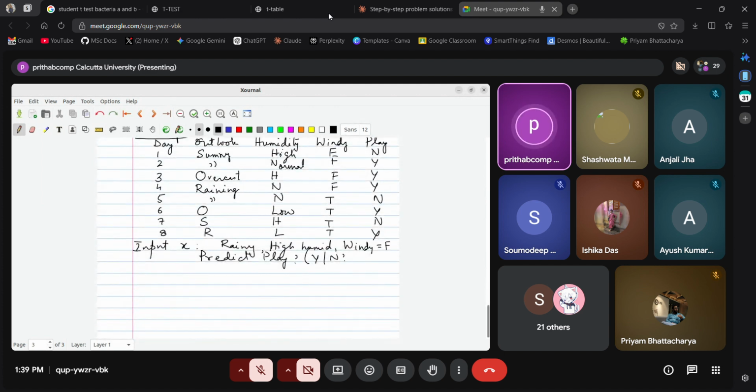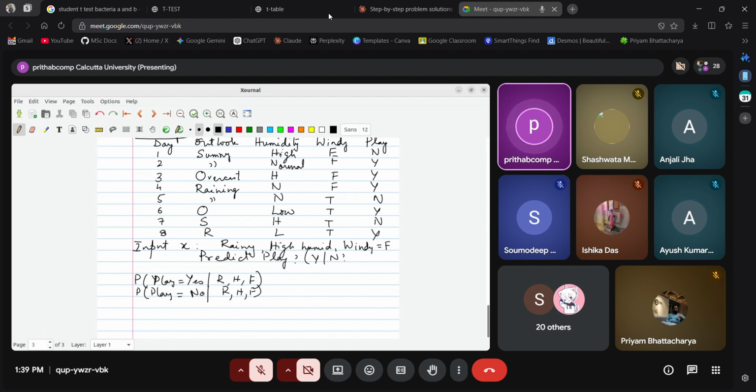So we need the probability of play equal to yes given R, H, F, meaning rainy, high, and windy equal to false, and also the probability of play equal to no given RHF.